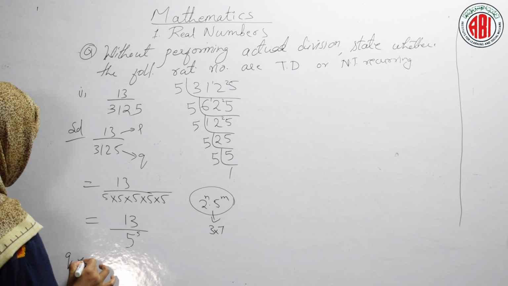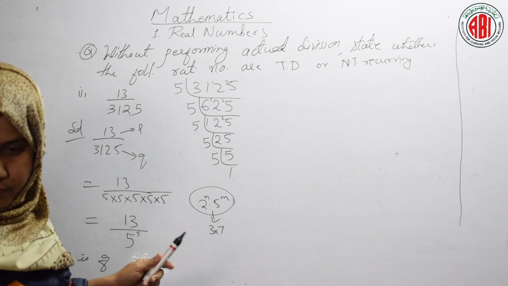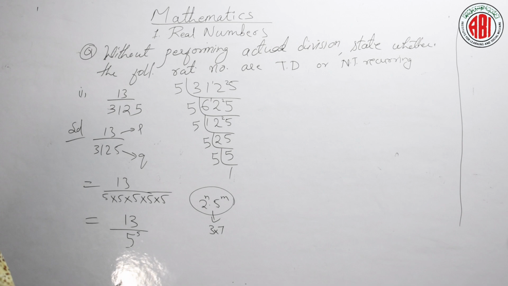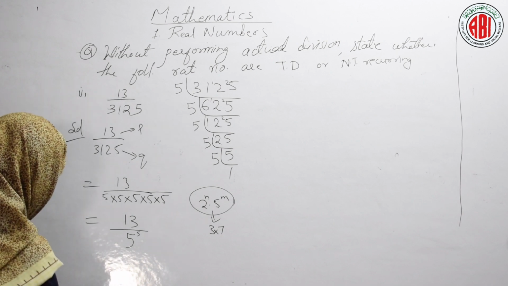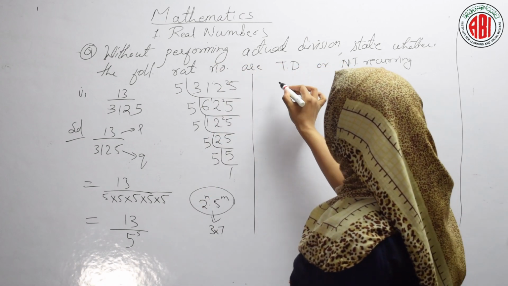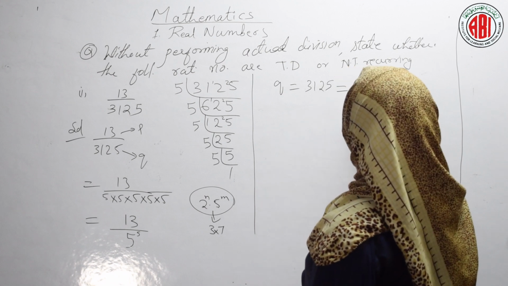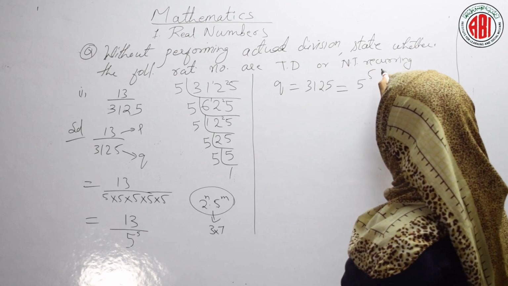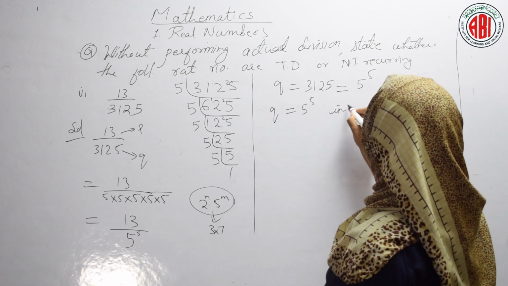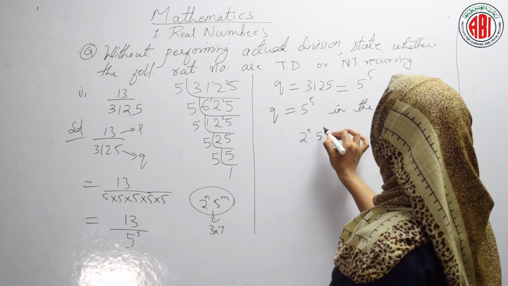So q is of the form... Now can you say how to write q here? q is 3125, it is 5 to the power 5. q is in the form of 5 power m; we can say q is nothing but 5 to the power 5 in the form 2 power n into 5 power m.